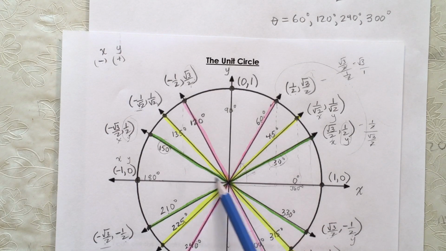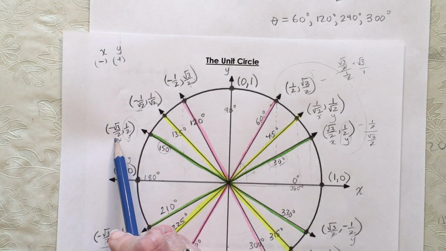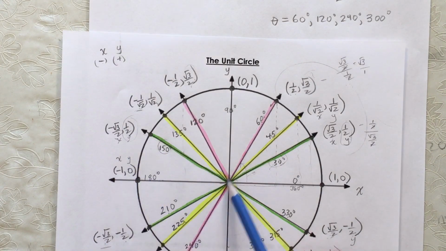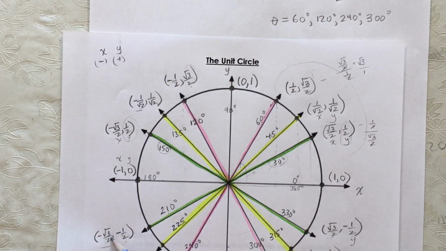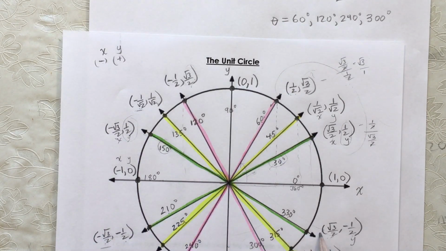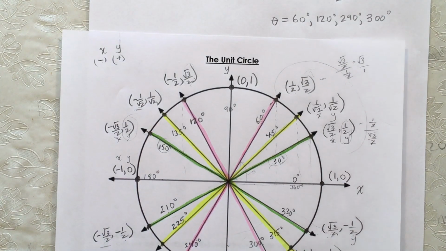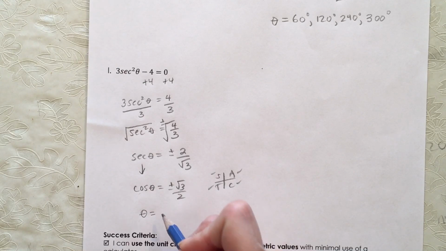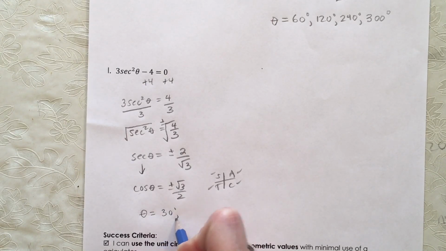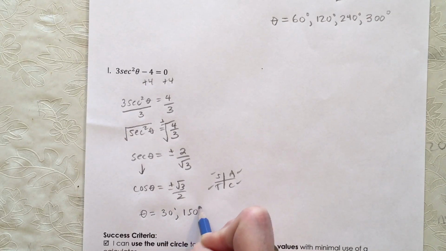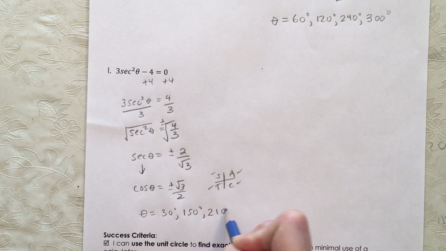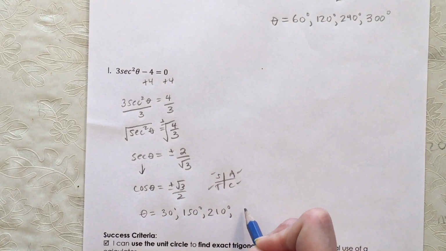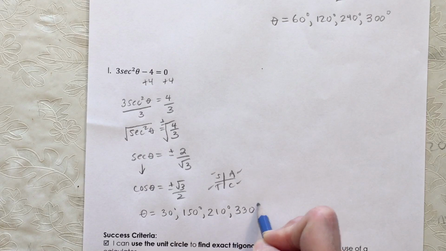If I look in the second quadrant, 150, I have an x value of negative root 3 over 2, 210 an x value of negative root 3 over 2, and 330 degrees an x value of positive root 3 over 2. So those are my 4 solutions. So theta should be 30 degrees, or 150 degrees, or 210 degrees, or 330 degrees.